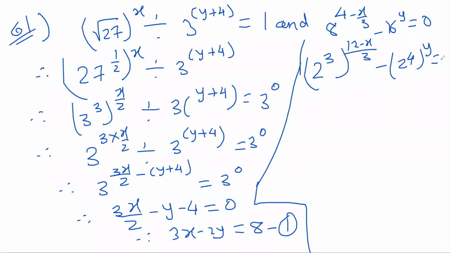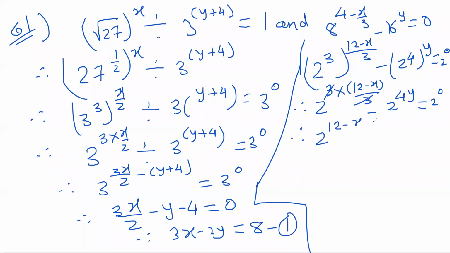And instead of 0, I can write 2 raised to 0. Everything in 2. So 2 raised to 3 into bracket 12 minus x upon 3. 3 cancel. So you get 2 raised to 4y is equal to 2 raised to 0.